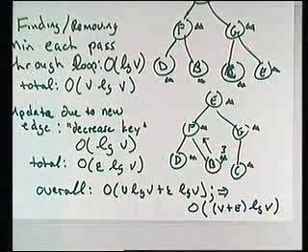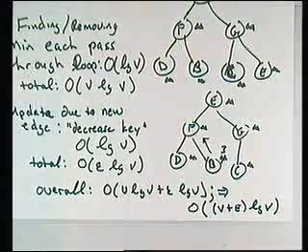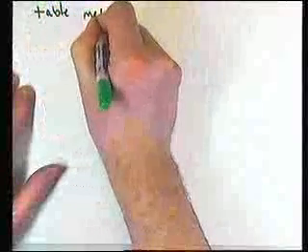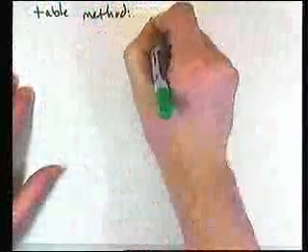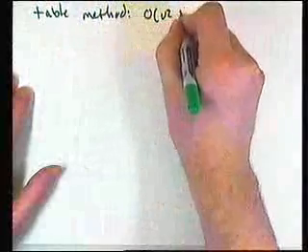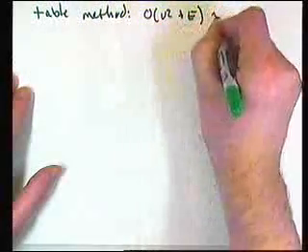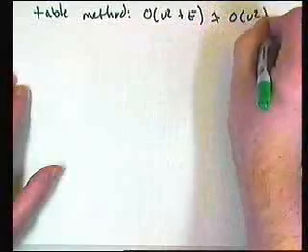And how do those compare? Well, let's write that out here. We have the table method, and the table method is order v squared plus E, which was basically order v squared.